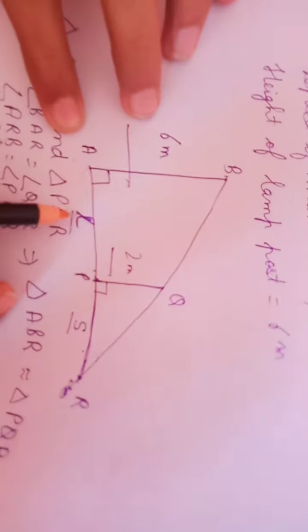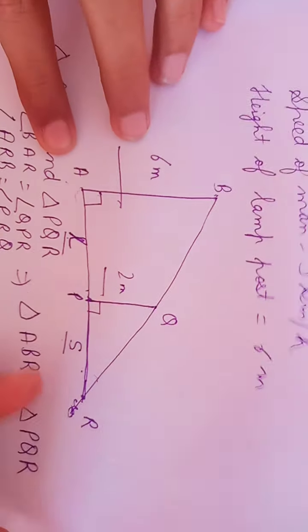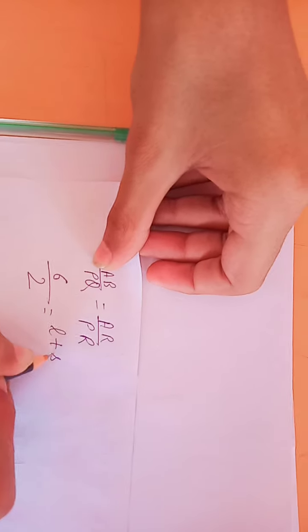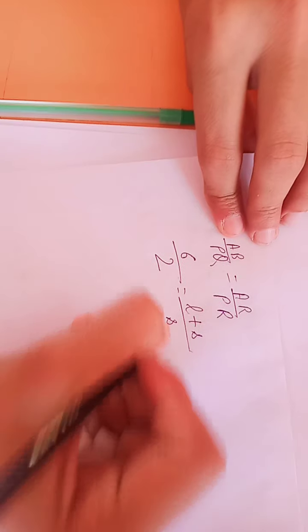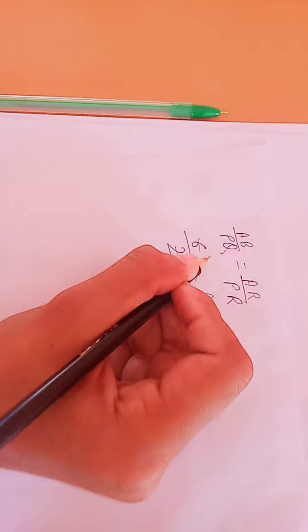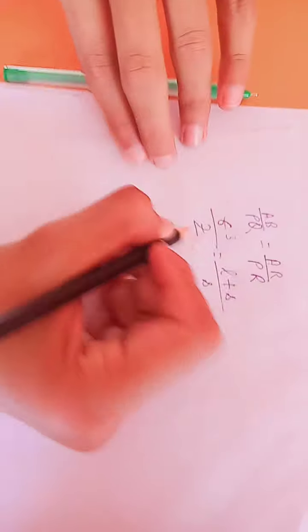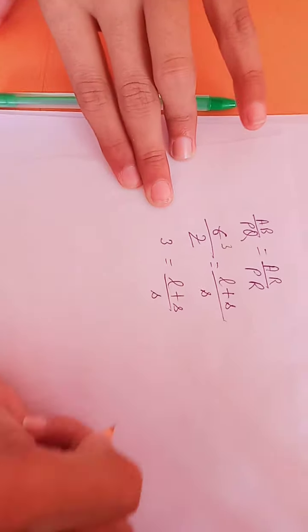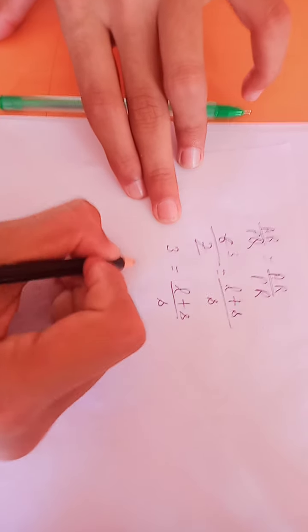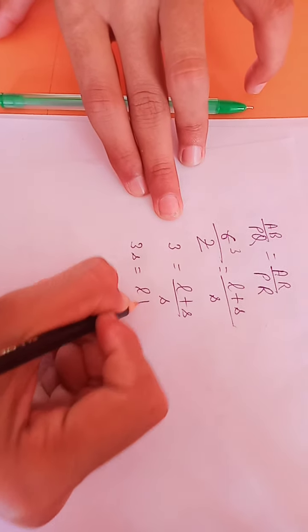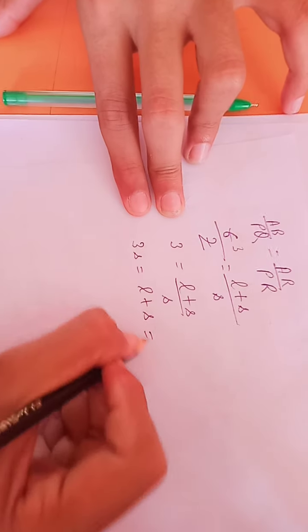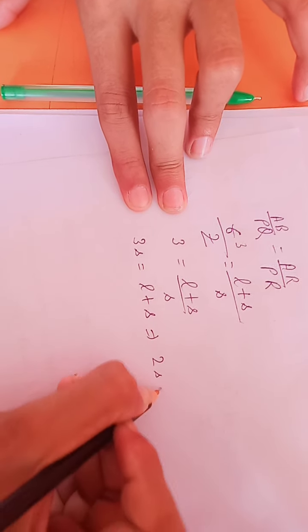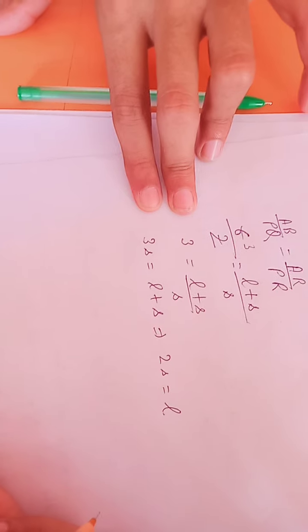AP value is L and PR value is S. So AR will be L plus S, divided by PR, and our PR is S. Now what we get is 3, so we get 3 is equal to L plus S by S. Now we take S this side, so we get 3S is equal to L plus S. From here we get 2S is equal to L.